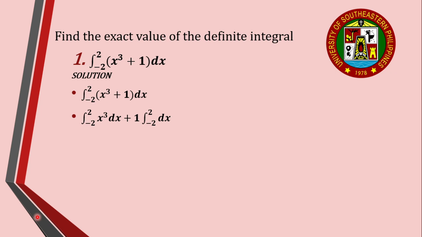So the first one is x cubed. Using the power rule, x to the n plus 1 over n plus 1, in which our n here is 3, plus 1.